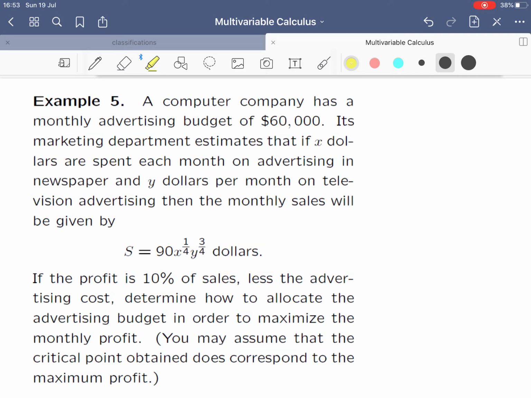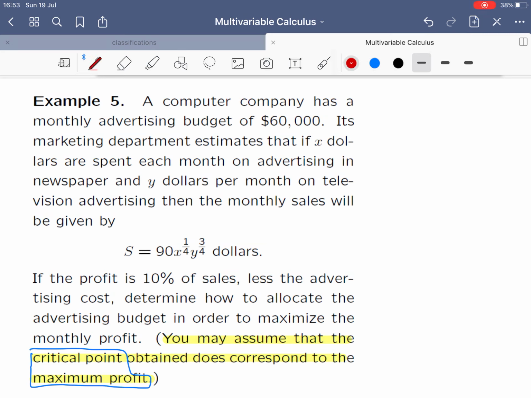Usually at the end of the problem, if you see this kind of sentence, then you are going to be very happy, because we are going to use the Lagrange multiplier, and after you get your critical point, that critical point will be the one that gives you the maximum profit that you need. So let us read together a little bit.